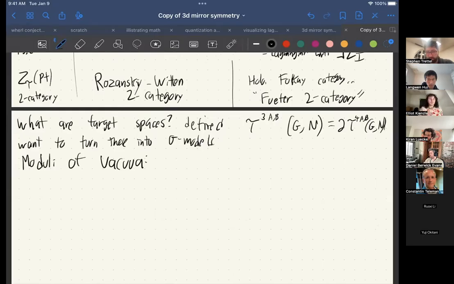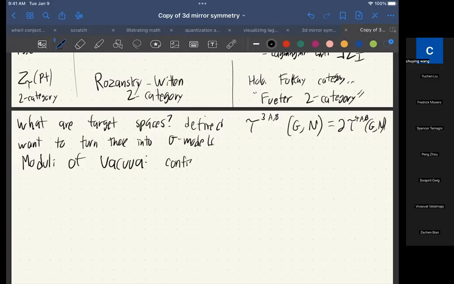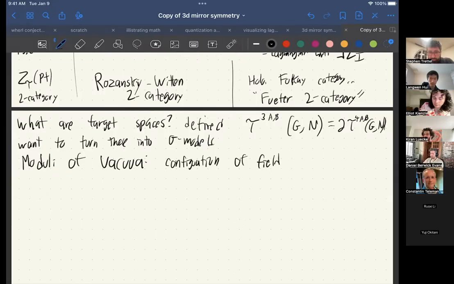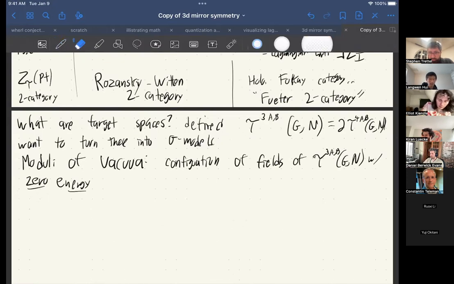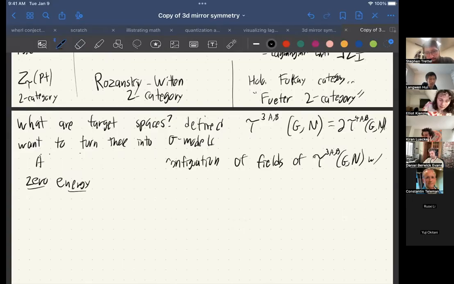Okay. Moduli of vacua. So what is a vacua? A vacuum is a physics word for some configuration of the fields underlying this quantum field theory which has zero energy. A vacuum is a configuration of fields that has zero energy.